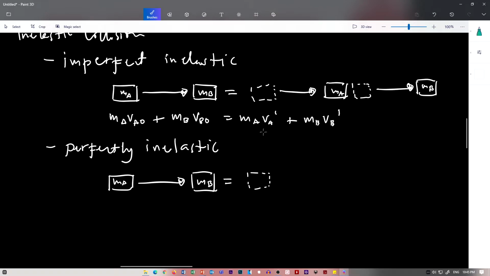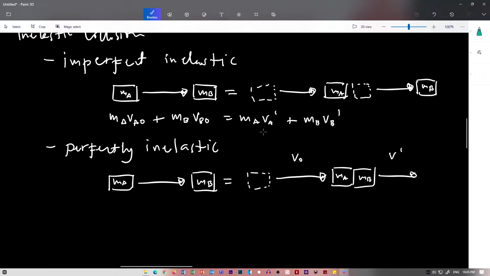So starting from this position, this is your m sub a, then it will be colliding with m sub b and they will stick together. What that means is they will be moving together in the same direction. So if this is your initial velocity, this will be your final velocity.